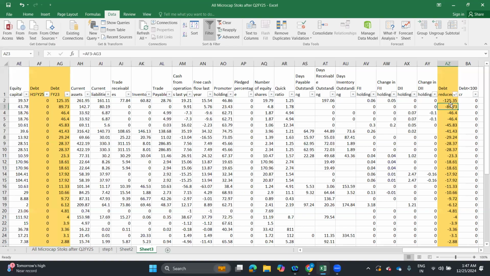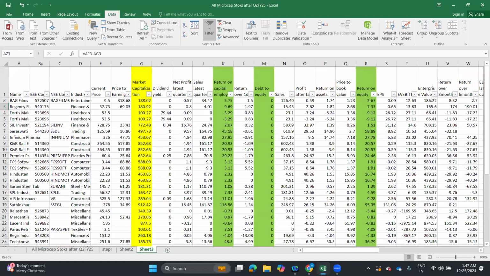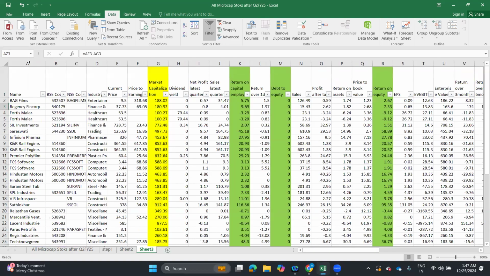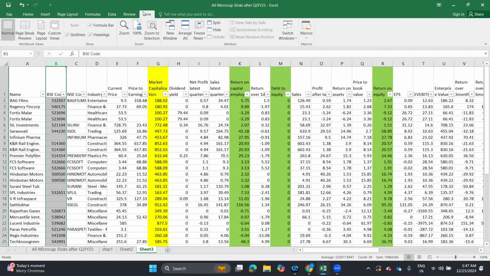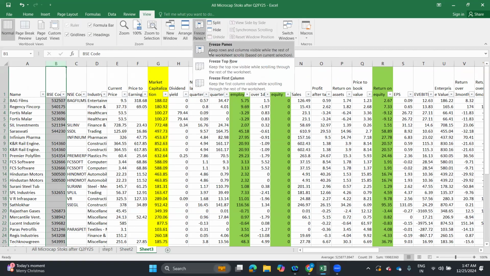Smallest, because obviously minus 125 crore is smaller than minus 2 crore, right? That's why it is smallest to largest. Now have a look at the stocks which are zero debt now, and reduced their debt significantly in the latest 1.5 years. Now let me freeze this pane, otherwise again it will create trouble.